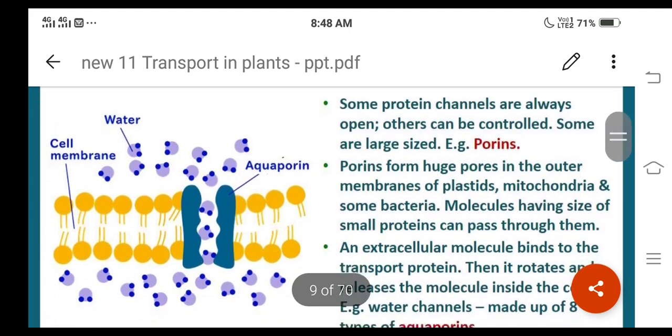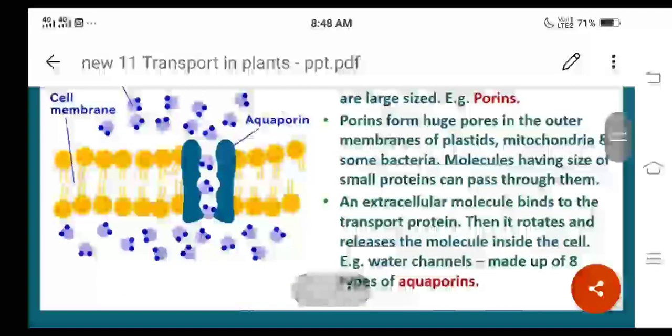Then one more point is how the process will occur during the transport. During facilitated diffusion, an extracellular molecule binds to the transport protein, then that membrane protein rotates and releases the molecule inside the cell.